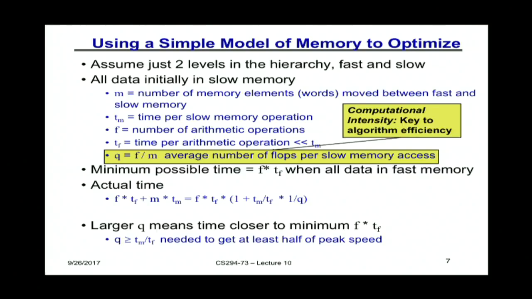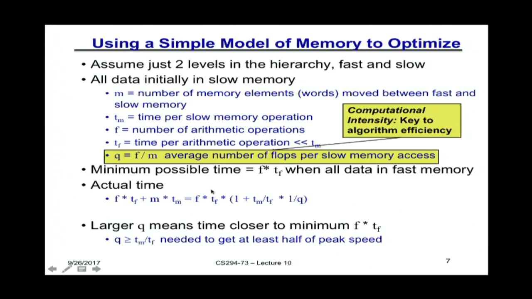In the old days, when we didn't worry about memory access, the time was just the number of flops times the time per flop. That's the old formula, and it's not good at all nowadays.